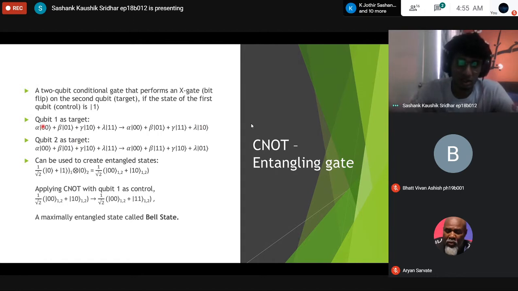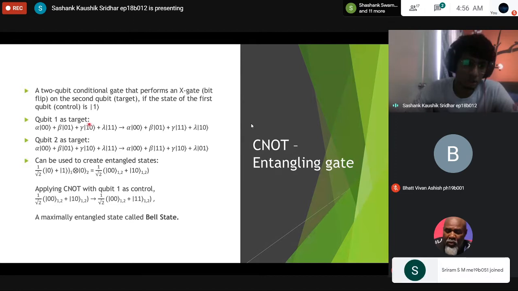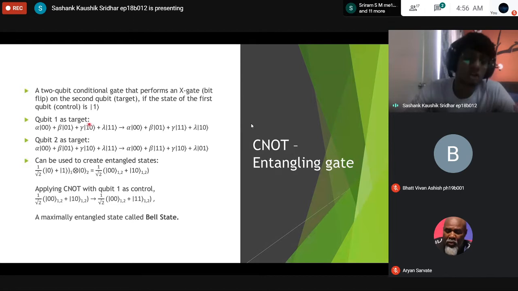I'm sorry, it's getting a little confused here. Right. So this is the control qubit here. Since it's a 0 here, alpha and beta remain the same. But since it's a 1 here, gamma and lambda are switched. Similarly, consider qubit 2 as the control.